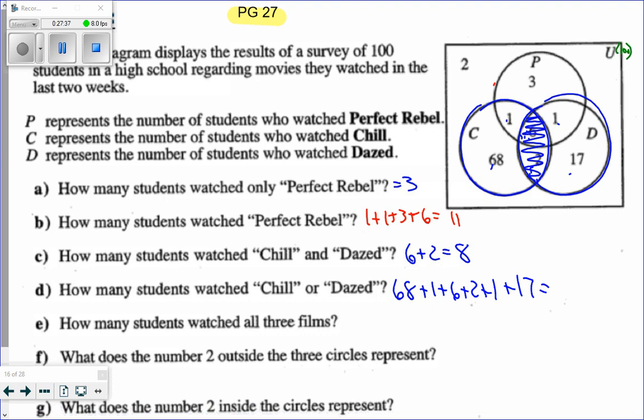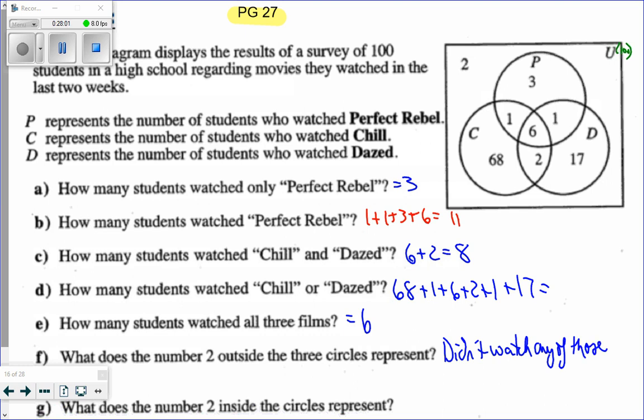How many students watched all 3? So how many watched all 3? 6. Yeah. Okay. What does the number 2 outside the 3 circles represent? Yeah, they didn't watch any of those 3 movies. Okay. What does the number 2 inside the circle represent?